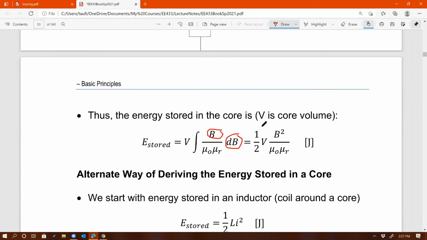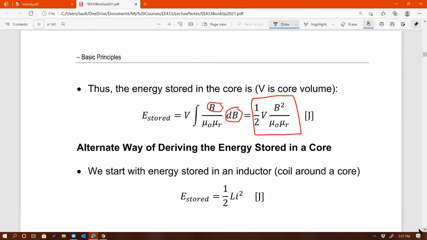And if you do that, you get this equation right there for the energy stored in the core, which is equal to 1/2 times the volume times the flux density squared divided by mu naught mu R. So that's one of the equations to calculate energy stored in the core.